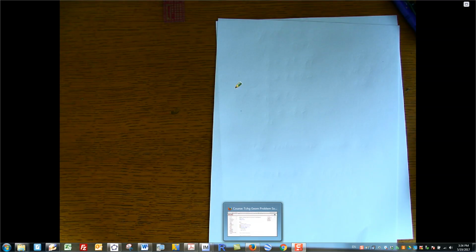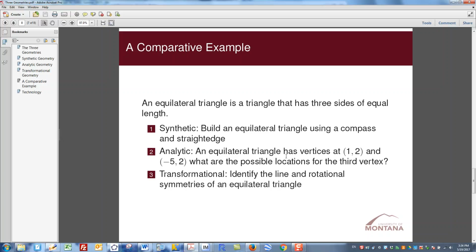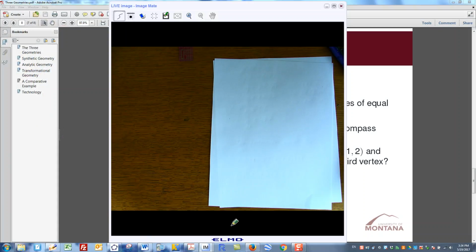So what do I want to do? Escape. There we go. The last question is, can you identify line and rotational symmetries of an equilateral triangle? So let's take a look at that idea as well.